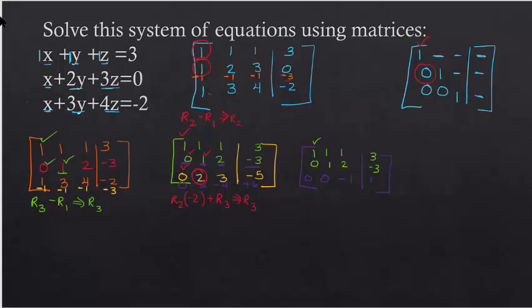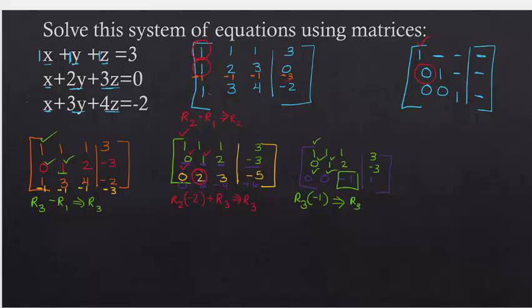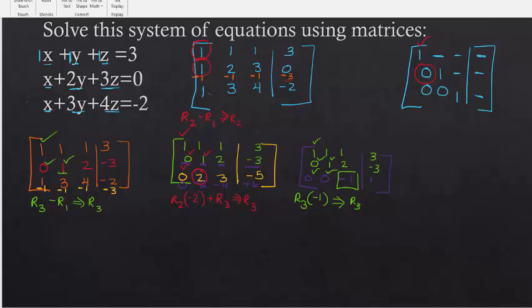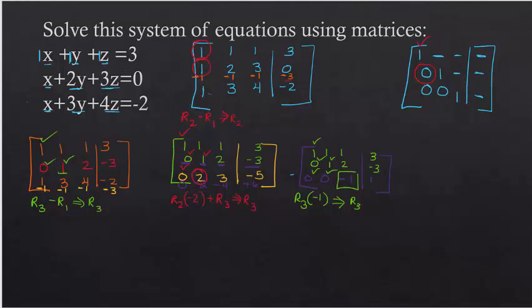All right, looking good. We got this, this, this, this, this. We're almost there with this one. This needs to be a 1. And if we multiply row 3 by -1, that will change everybody's sign, and that'll turn that into a +1 for us. So we'll do all of these times -1.